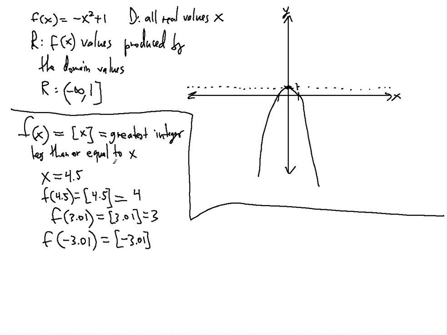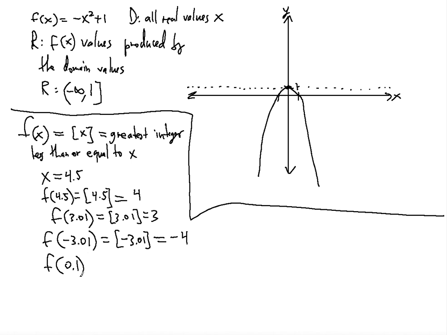It means that we will have to bracket negative 3.01, the greatest integer less than or equal to x. So obviously this will be a step function, and this value, of course, is going to be negative 4, because we're going in the negative direction. We're always rounding negatively. Let's think of positive first so that you'll understand.